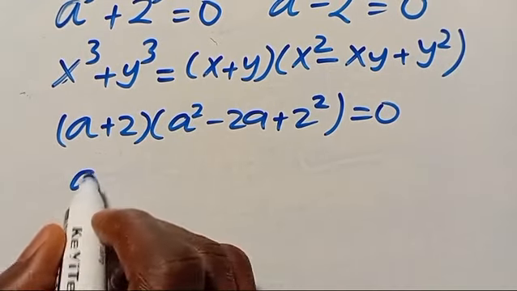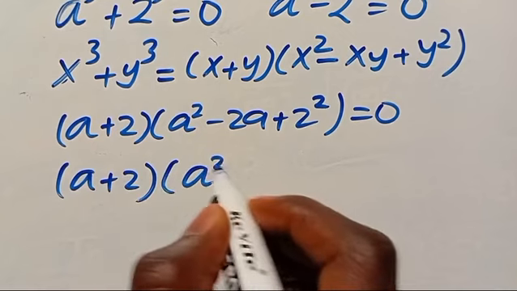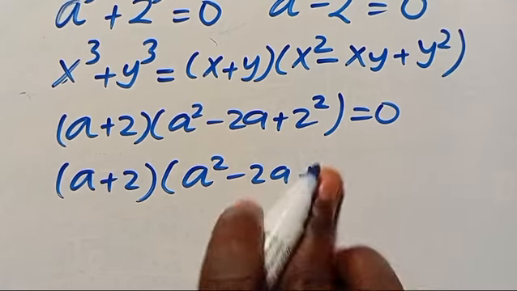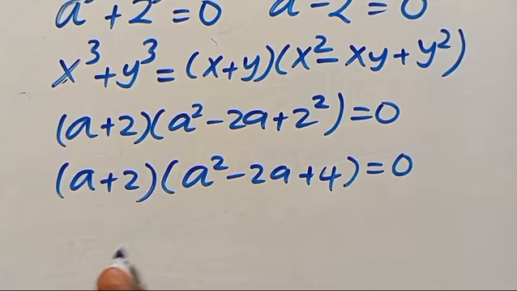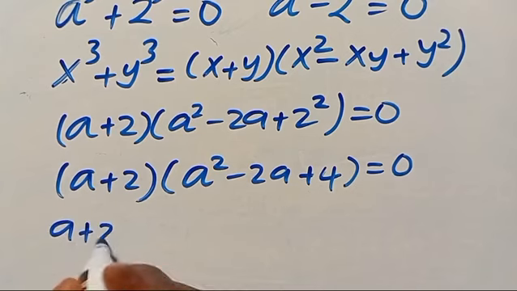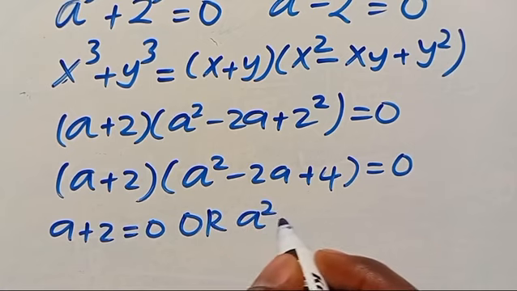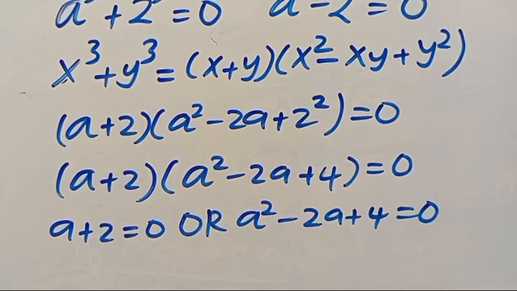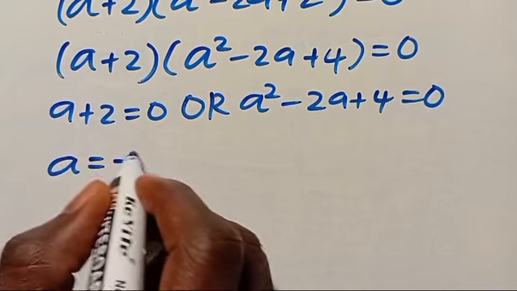So from here we have a plus 2 multiplied by a square minus 2a plus 4 equals 0. For this expression to be equal to 0 again, either we have a plus 2 equals 0, or we have a square minus 2a plus 4 equals 0. And so therefore we have a equals minus 2.